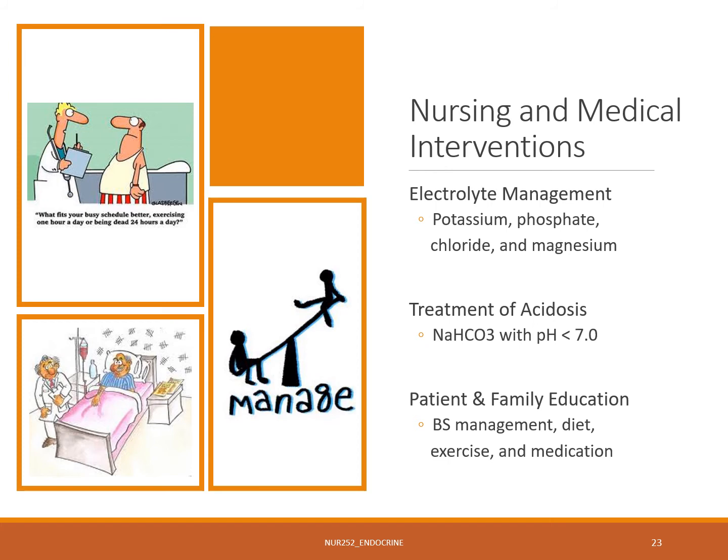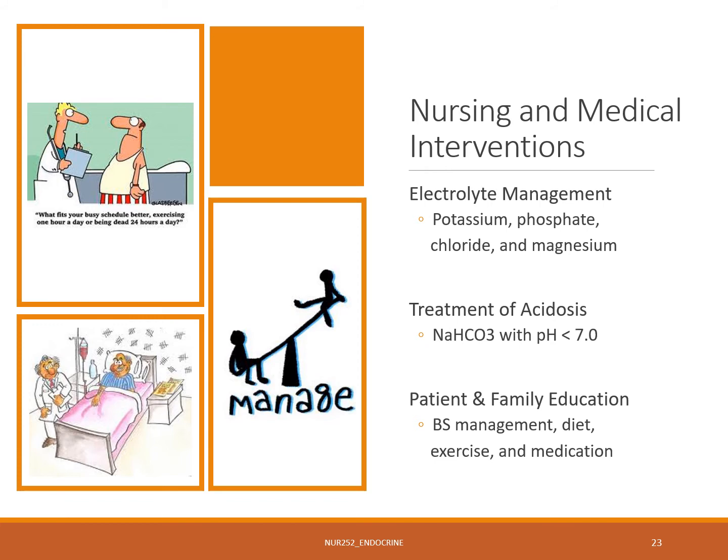Replacement and monitoring should begin after the first liter of IV fluid has been administered, the potassium is greater than 3, and the patient is excreting urine. Integrity of the IV site must be monitored to prevent extravasation. EKG monitoring for cardiac dysrhythmias is also required.